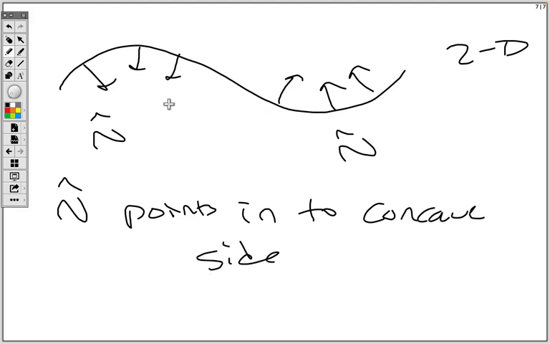Which means in a 2-dimensional plane, N hat is going to disappear at any kind of inflection point. That would make sense because an inflection point is where the second derivative is 0, so you would not have a non-zero T hat prime there, because you're changing concavity.